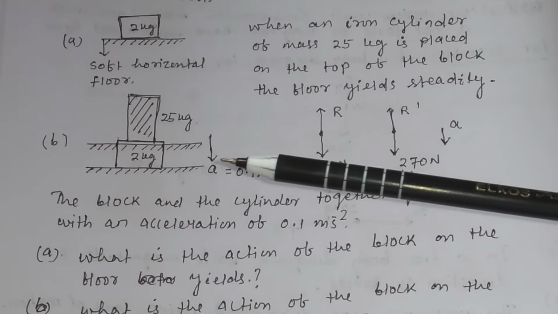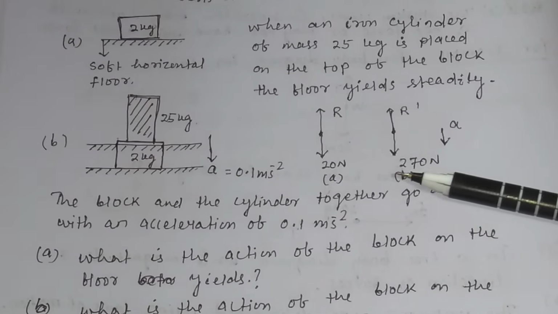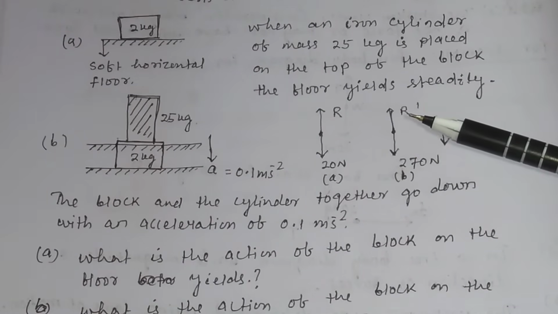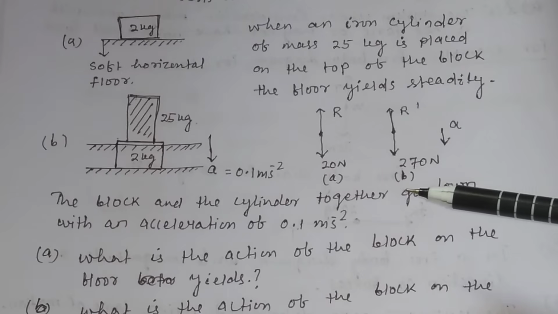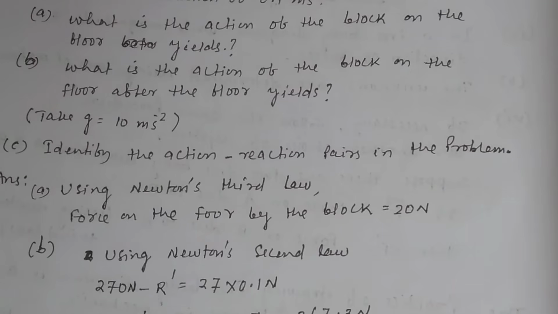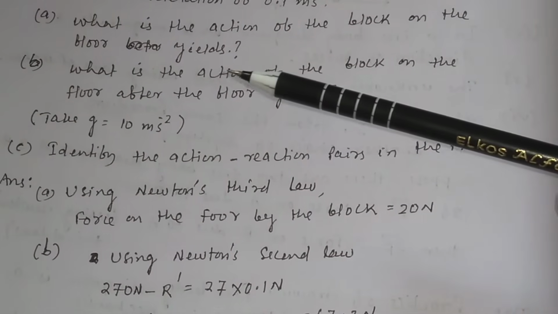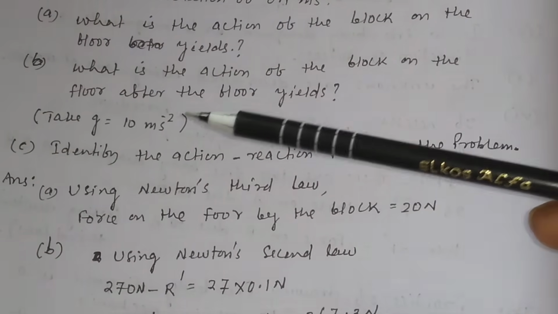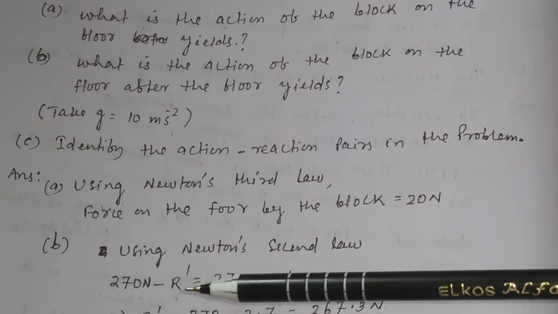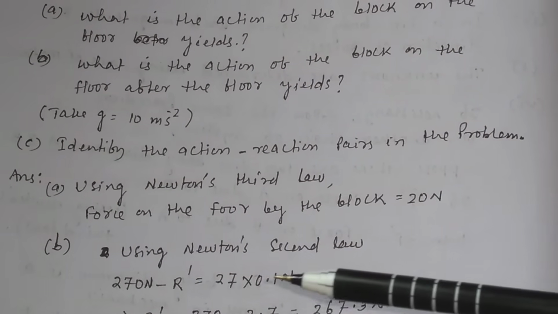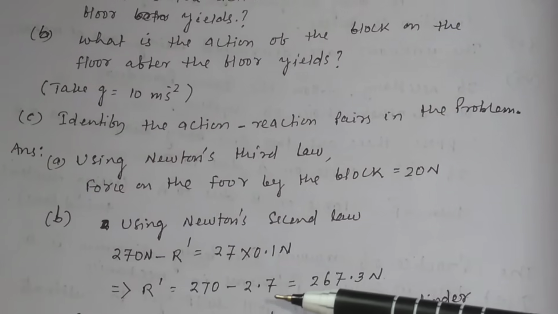So you apply Newton's second law, that means 270 Newton minus R dash is equal to MA, that is equal to 27 into 0.1 Newton. So for the case B, if you apply Newton's second law, 270 Newton minus R dash is equal to 27 into 0.1 Newton.